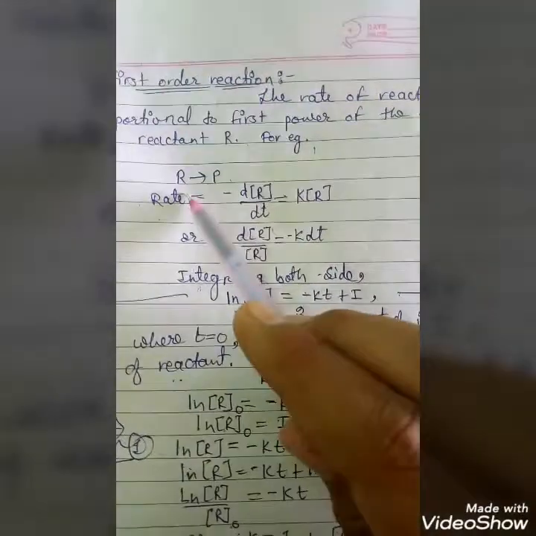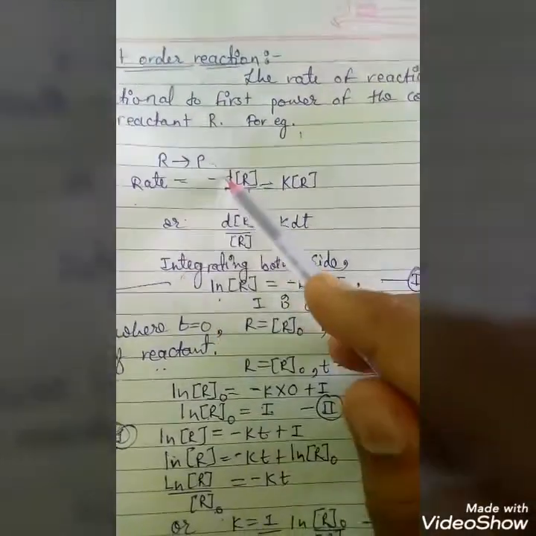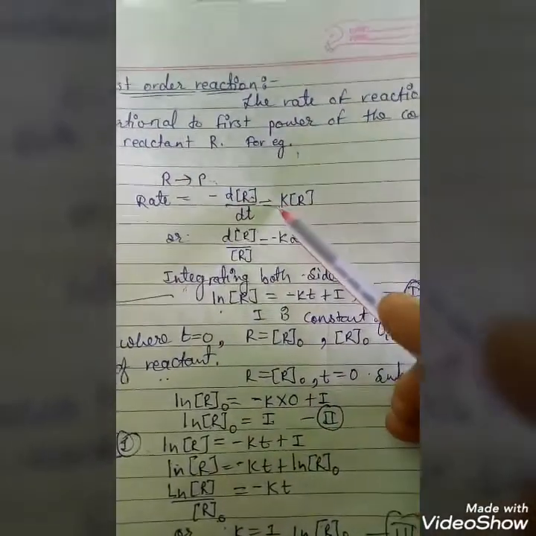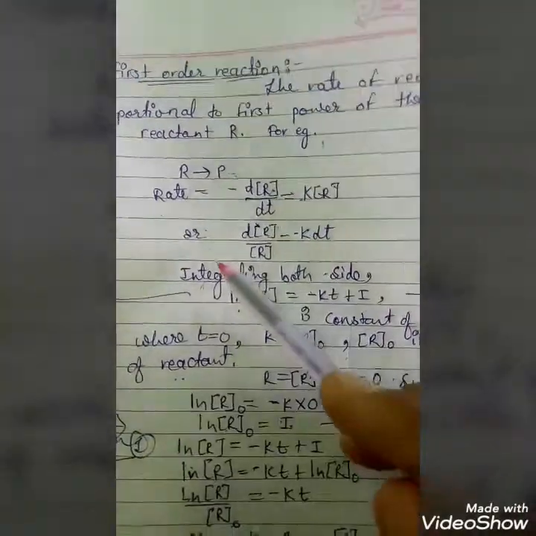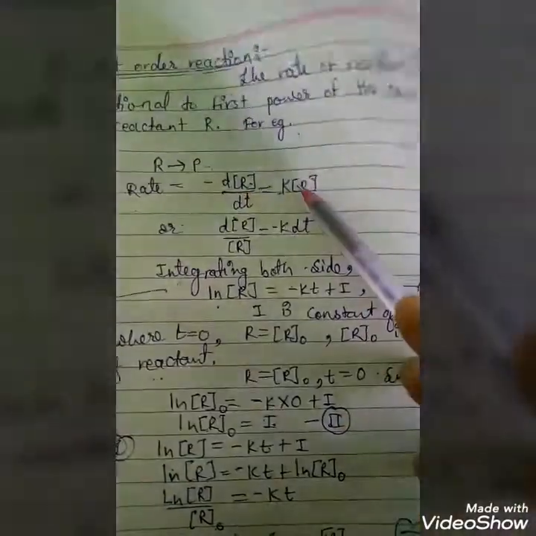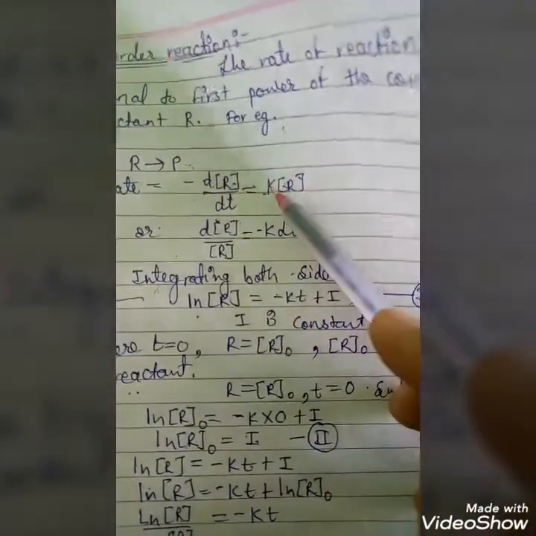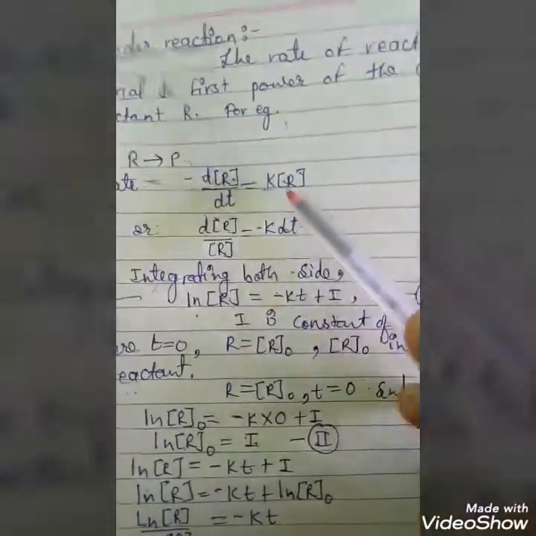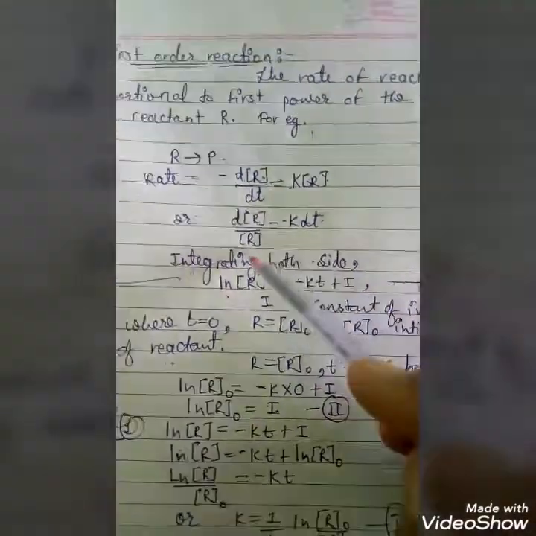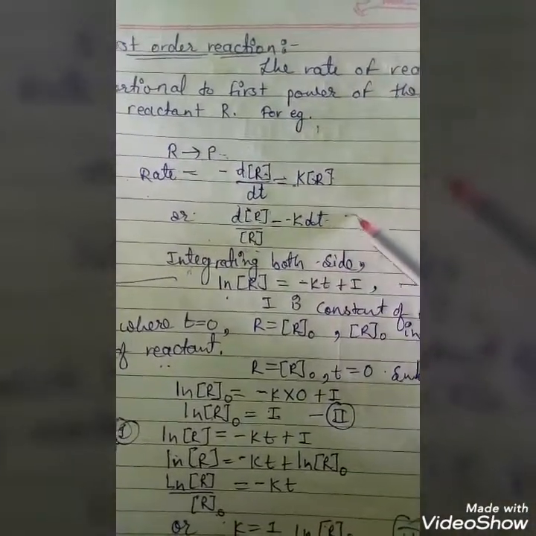Here the reactant R is changed into product. Rate is equal to minus dR by dt is equal to k into R. We replace it as dR by R is equal to minus k dt.